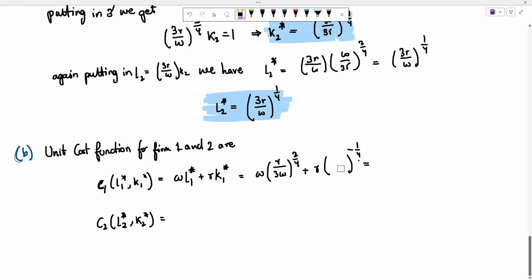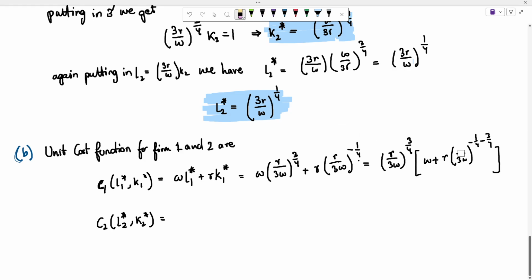We can do this r by 3 omega, right? And we can take r by 3 omega to the power 3 by 4 common, so we are going to have this plus r by 3 omega to the power minus 1 by 4 minus 3 by 4, and that is going to be just minus 1, so we can again flip that around.